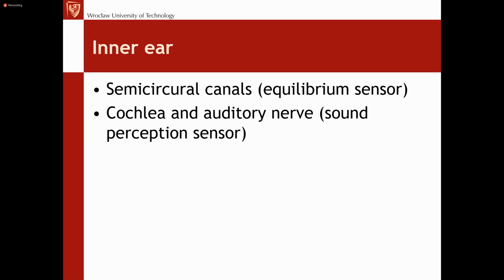The first is the semicircular canals with the equilibrium sensor, and the second one, the most interesting for us, is the cochlea and auditory nerve. So that is the center of sound perception sensors.